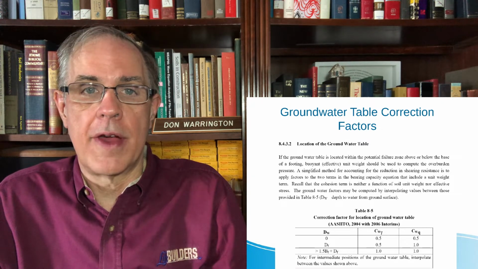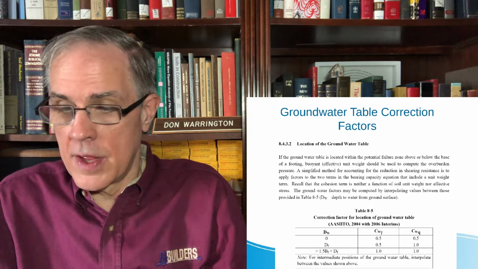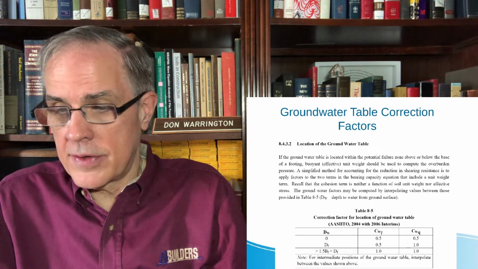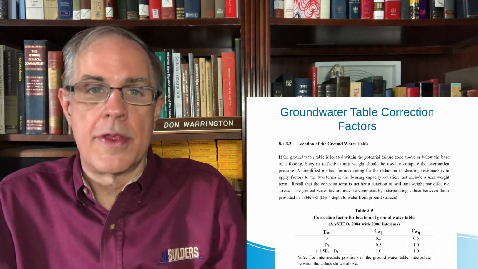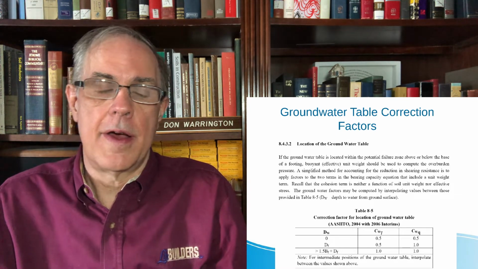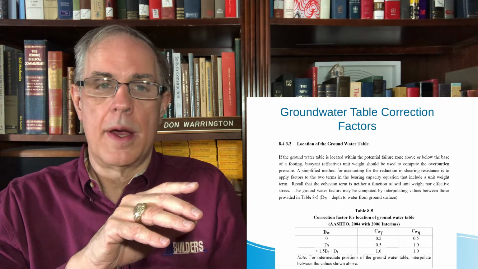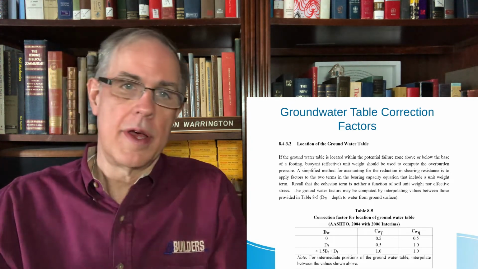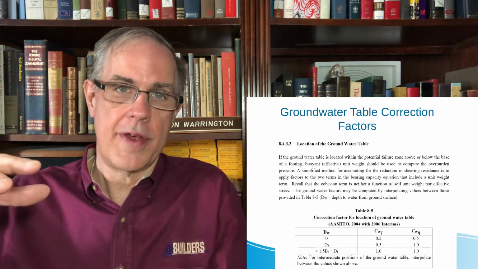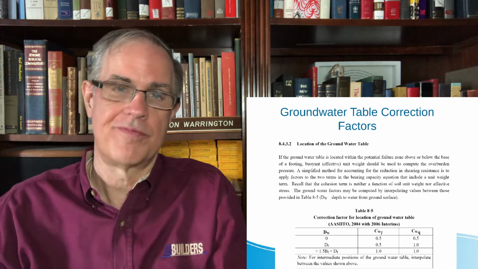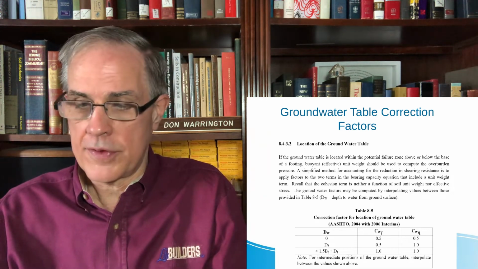And the groundwater factors take that into consideration. There are two of them. The CW gamma takes into consideration the effect of groundwater for the soil which is trapped under the foundation, between the foundation and the failure surface and the surface.